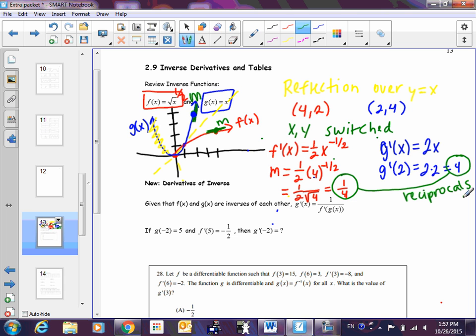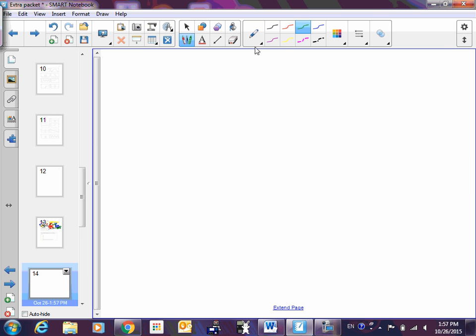You probably don't even want to write this down in your notes, but I just want you to watch, okay? So let's say that I gave you something like this: y equals f of x. Don't we use y in place of f of x a lot? Yeah. They mean basically the same thing, right? If I wanted to take the inverse, I would put an x where the y is, and I would put a y where the x is.